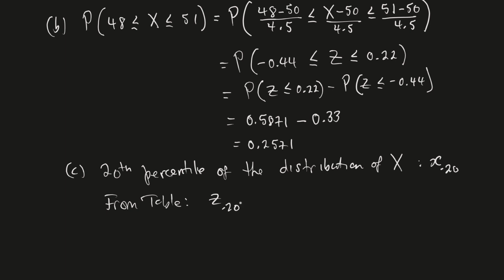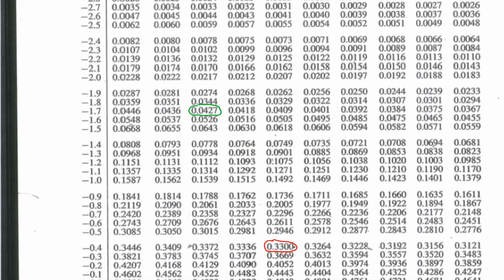If that number isn't exactly in the body of the table, then we're going to have to find the closest thing to 0.20. Well, it certainly will have to be on the negative side, because we're looking at a percentile that is less than the median.